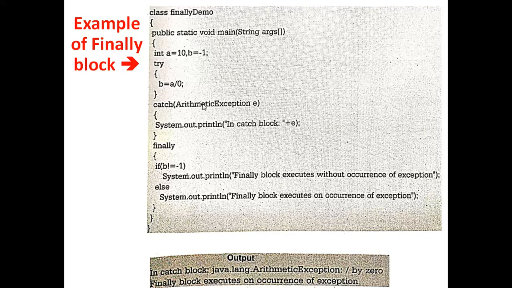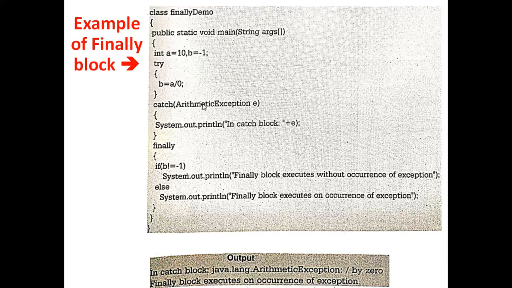Therefore, an exception will be created in this try block because of this line, and this exception will be caught by the catch block. Therefore, the execution of the catch block will occur, where I have written system.out.println in the catch block and E, where E denotes the arithmetic exception.